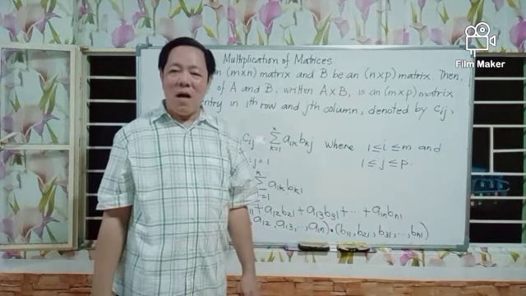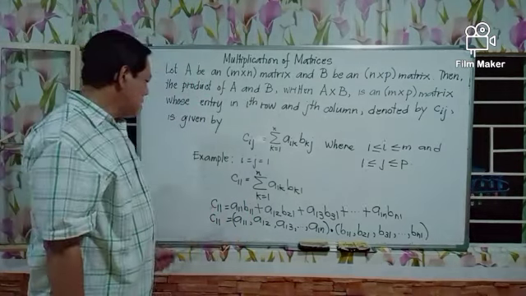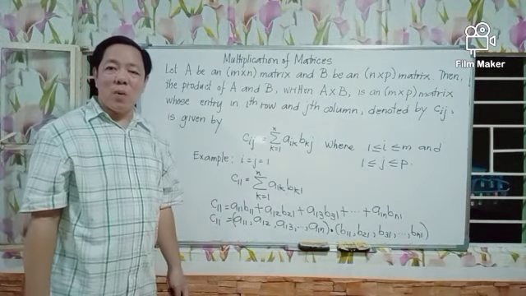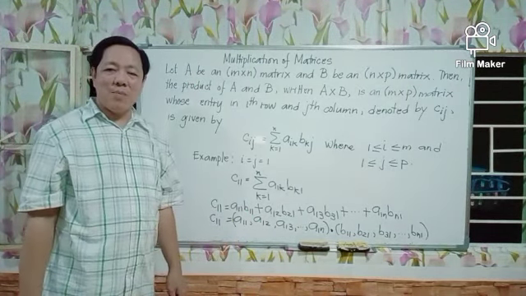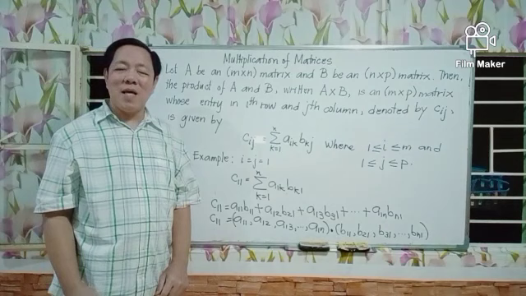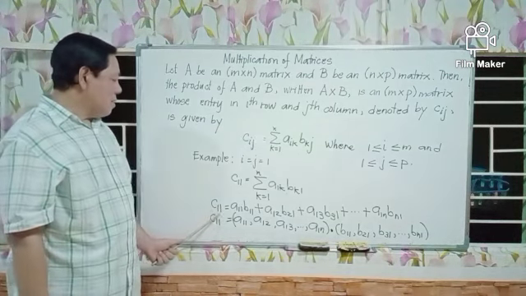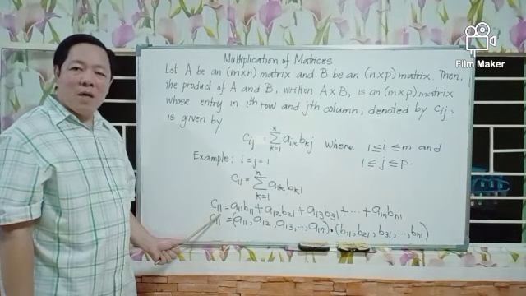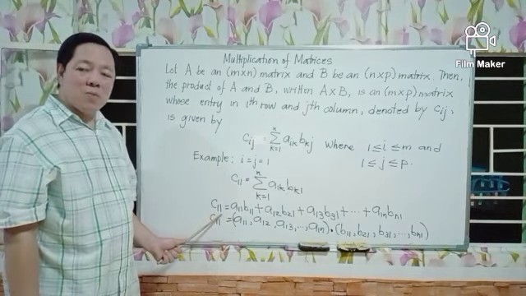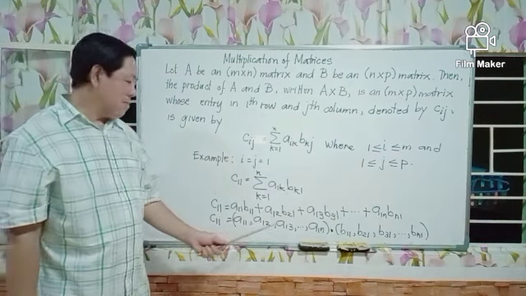So this tells us that to get the entry c sub 1,1 of the product of matrices A and B, the entry in the first row and first column, you multiply the entries of the first row of matrix A by the entries of the first column of matrix B, and then you add the products.